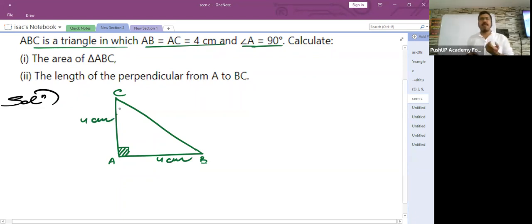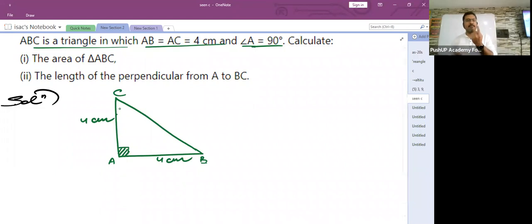What do we call a triangle who has got one of its angles as 90 degrees? A right angle triangle. What do we call a triangle who has got two of its sides equal? An isosceles triangle.